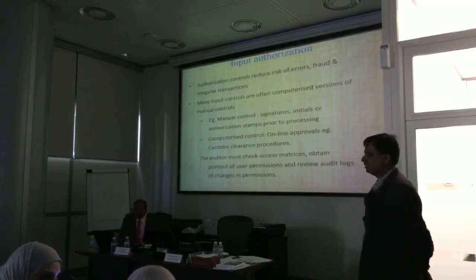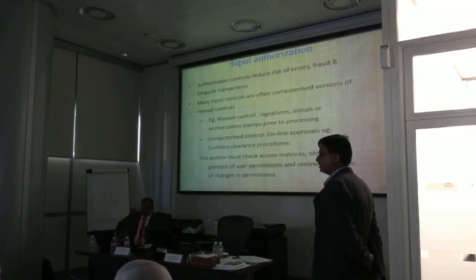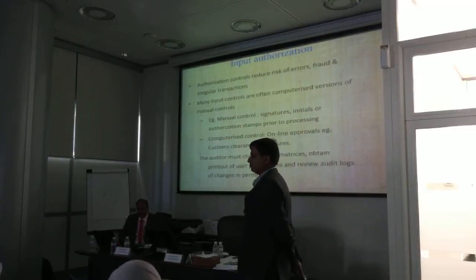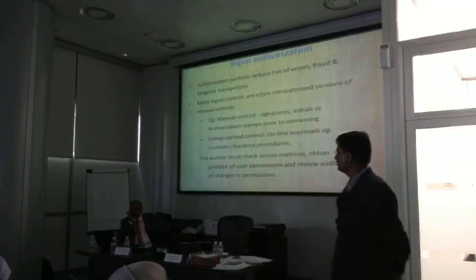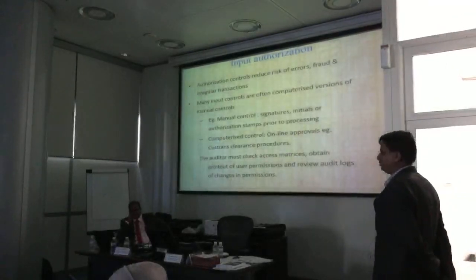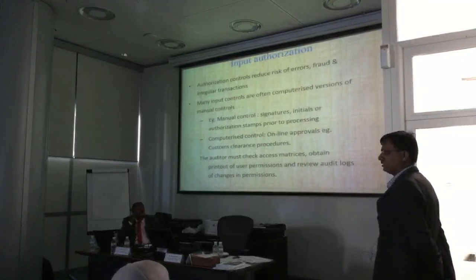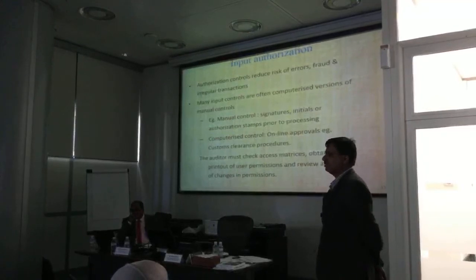Yeah, like we are telling the manual controls: signatures, initials or authorization stamps. So earlier, like in our department, the Public Works Department, they usually float a large number of tenders. So now it is done through e-procurement, where the bidder, the contractor who is giving his prices, applies through a digital signature.